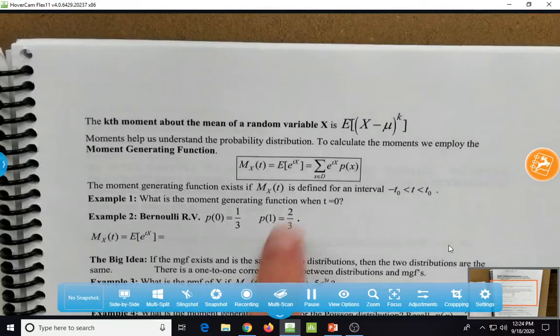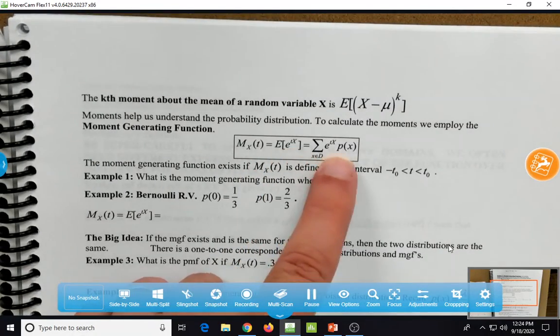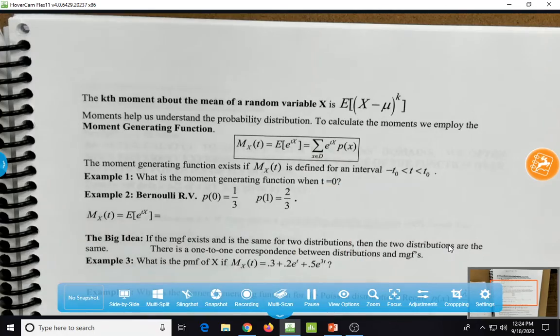Let's look at the second page. The moment generating function is the expected value of e to the tx. So I was giving you a little preview before I needed to.